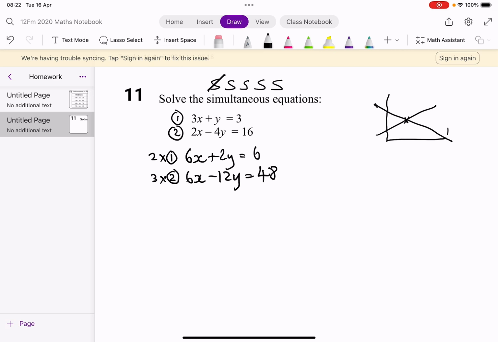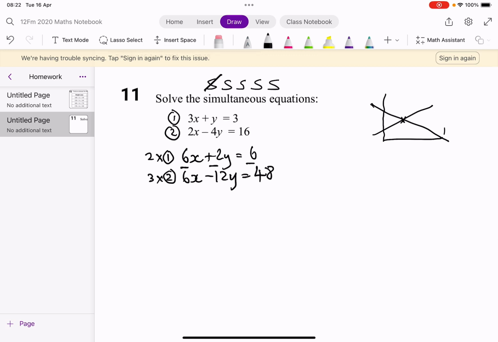When we've got them the same, the second S is to subtract. So essentially we're taking all of these terms away from each other. And I sometimes write these over on the right-hand side so I can see exactly what I'm doing. I've got 6x take 6x, and the idea of this is that I'm eliminating it.